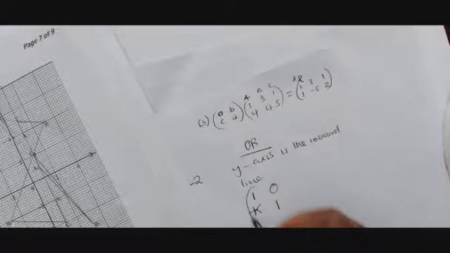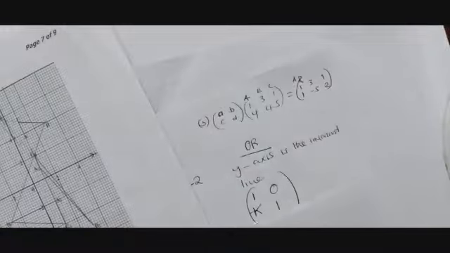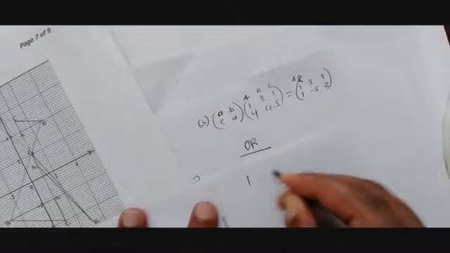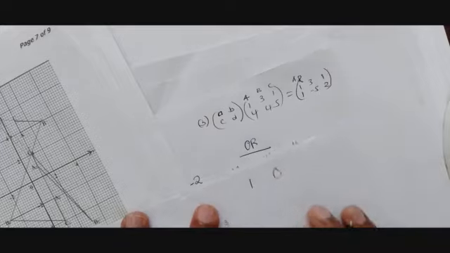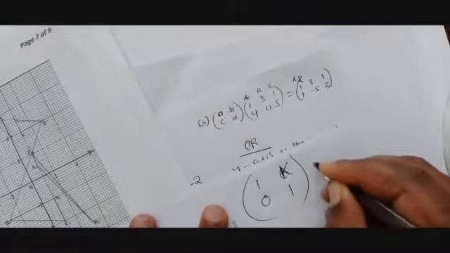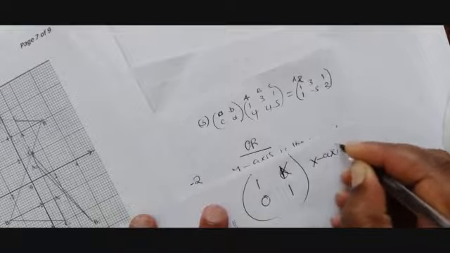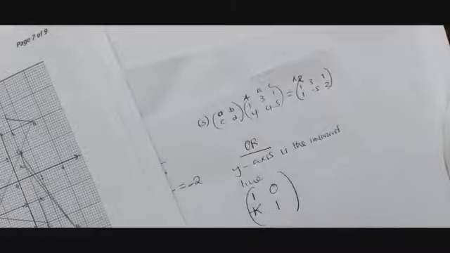But if the invariant line is the x-axis, you have 1, K, then 0, 1. These are standards. Here K is the shear factor.